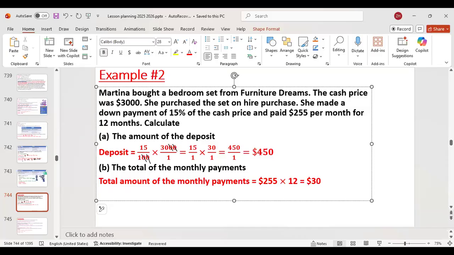Very good, 3,060. That's what we get when we calculate the total amount of the monthly payments.